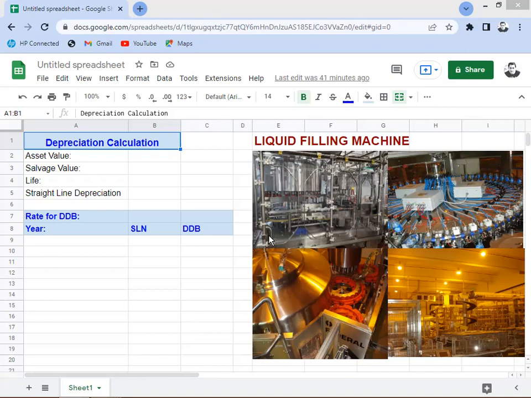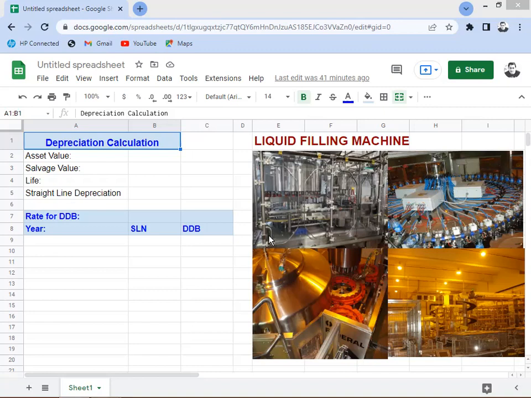Depreciation is very important because you will know when the payback period of the machine would be, when would be the 100% ROI or return on investment, because this is a huge amount of money that you're going to disburse to acquire this type of machine.